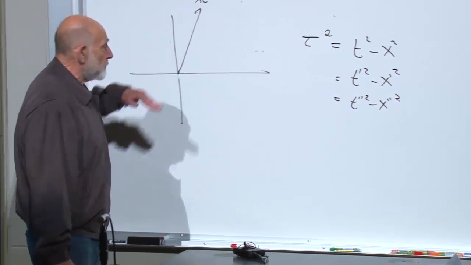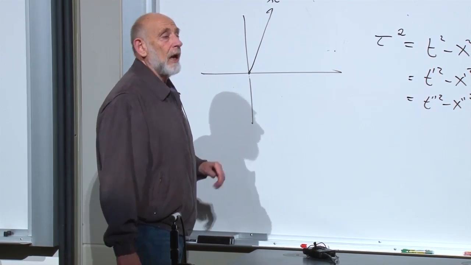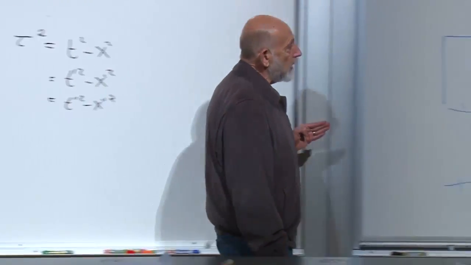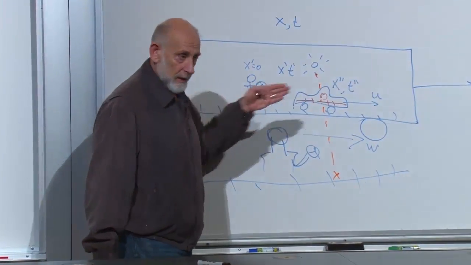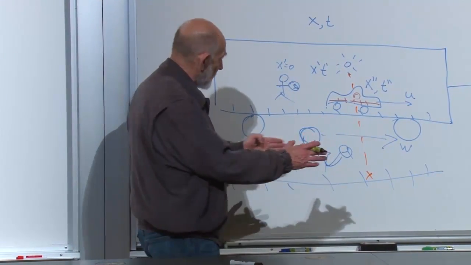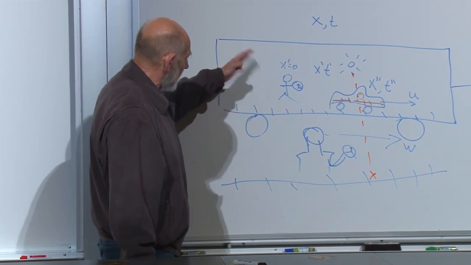There is another kind of transformation that we can do, not just a transformation between 2 coordinate systems moving along the x-axis, but we can also consider rotations of coordinates. Let's, for the moment, not even think very much about relativity.